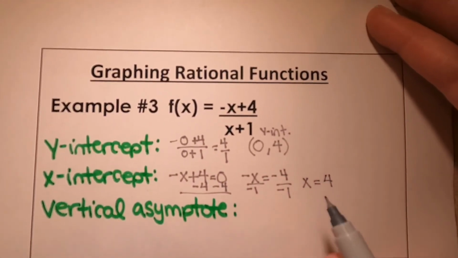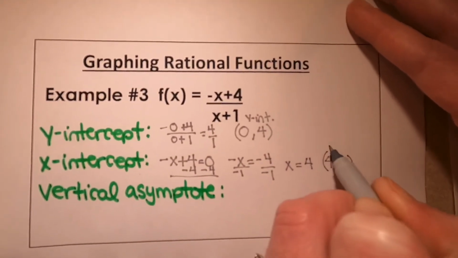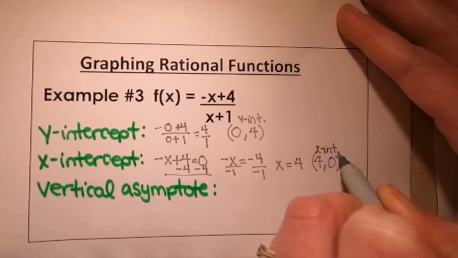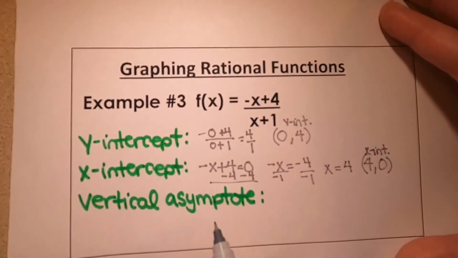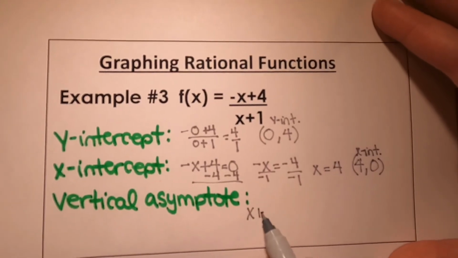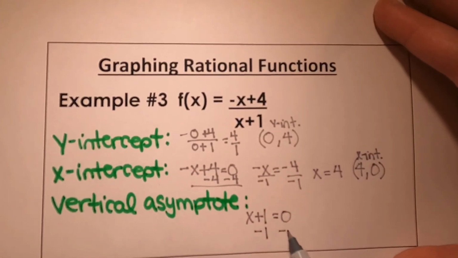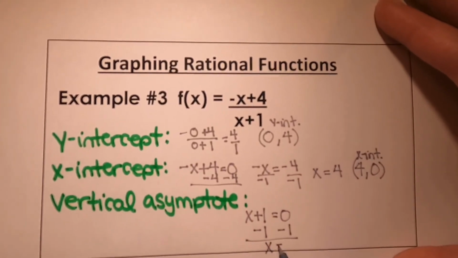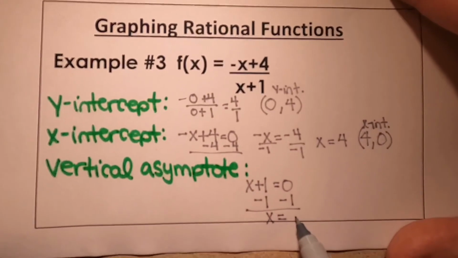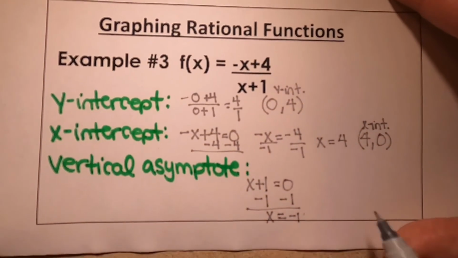So the x-intercept here would be 4, 0 as a coordinate. Your last step would be to find the vertical asymptote. Take the denominator, x plus 1, and set it equal to 0 to find that excluded value or undefined space. X cannot be equal to negative 1 is what we used to say it. Well, now we know it's the equation of a vertical asymptote.